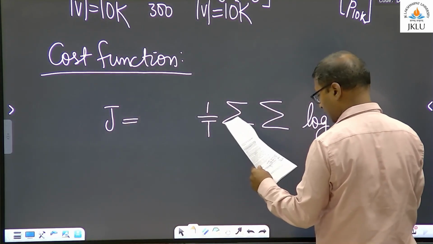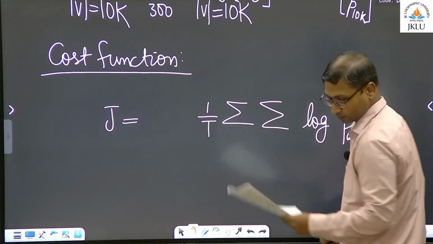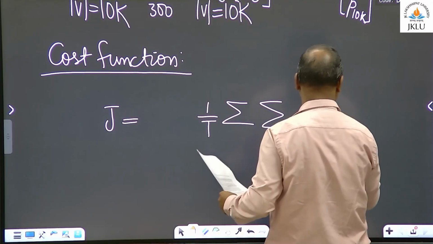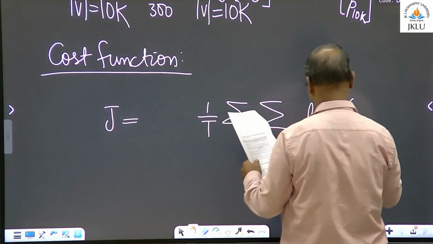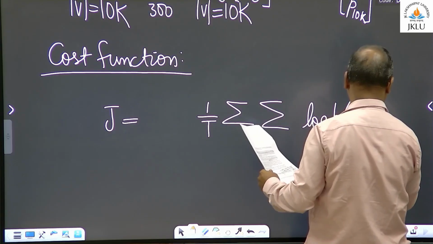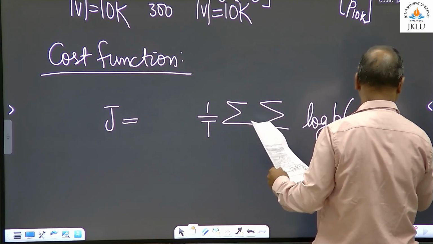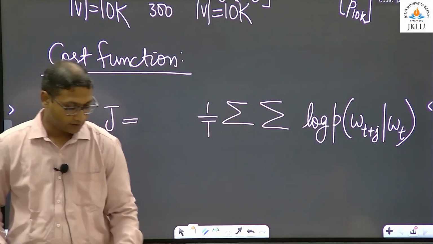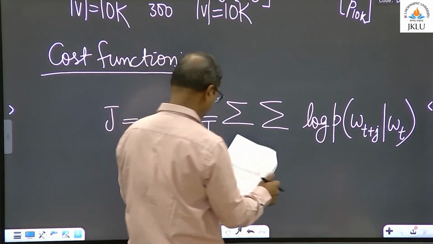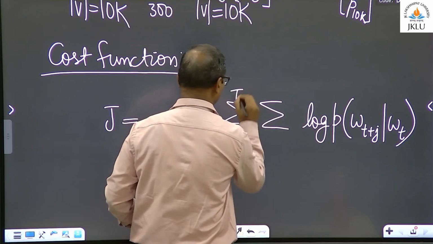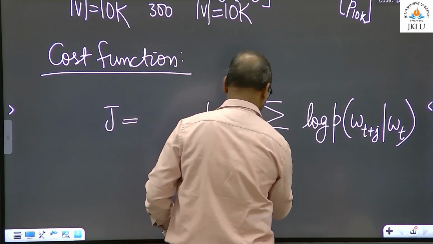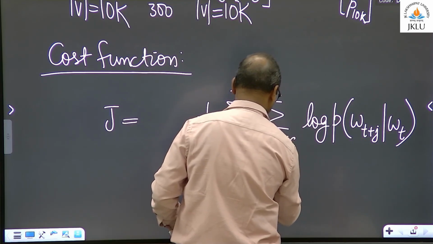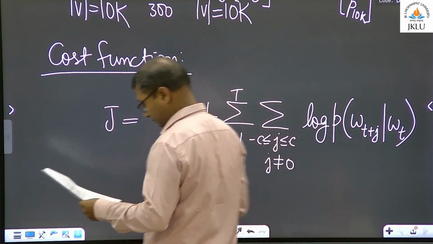So this is log P, and T here goes from 1 to capital T, and minus C less than or equal to J less than or equal to C, J not equal to 0.